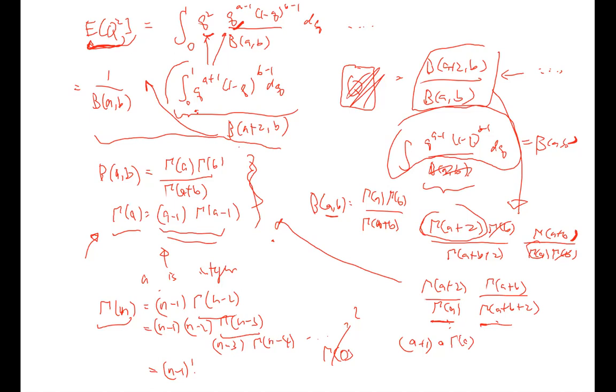And of course, if you know E[Q squared] here, you can now compute the variance of Q. Remember, variance is just equal to E[Q squared] minus (E[Q]) squared, the mean squared.